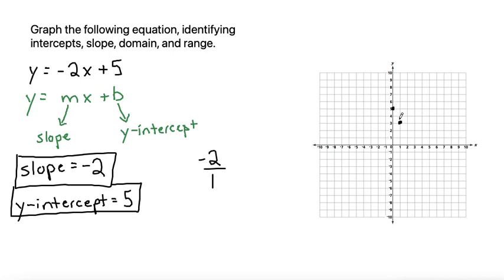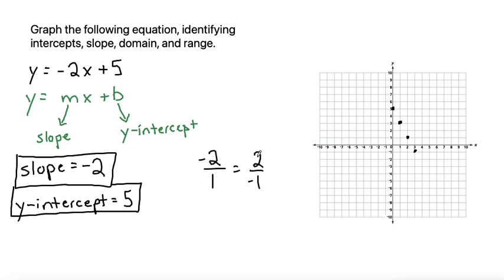Once we draw 2 points, we can draw a line through those points, but we can also continue and make a few more points so that when we draw a line, we don't get too far off. So we go down by 2, right by 1, down by 2, right by 1, and continue. We can draw our line. Also, if you wanted to go a little bit to the left, we can use the idea that 2 over negative 1 means the same thing as negative 2 over positive 1.